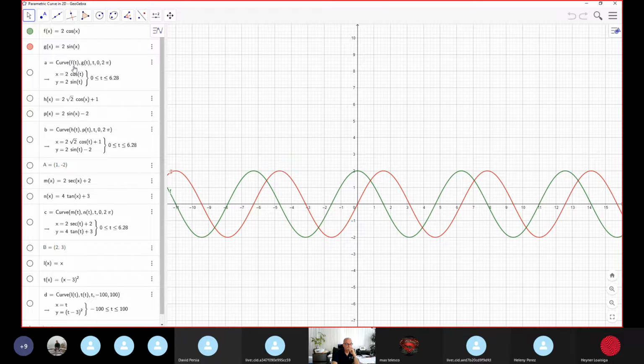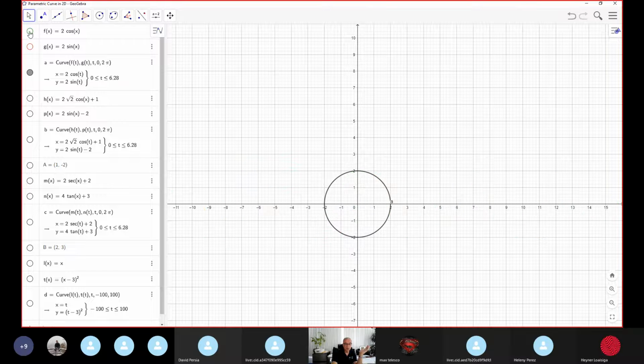You declare f as 2 cosine and g as 2 sine, so you put f, g and t. Basically, the function replaces x anymore. T is our variable, t is our parameter, and between 0 to pi, then it's a circle. Wow. You delete this, this is the equation, and this is the circle. Exactly what you expect. Super cool, but it's super easy also.